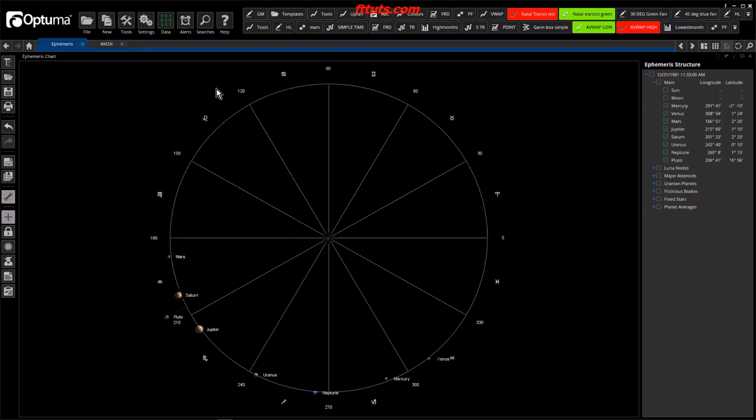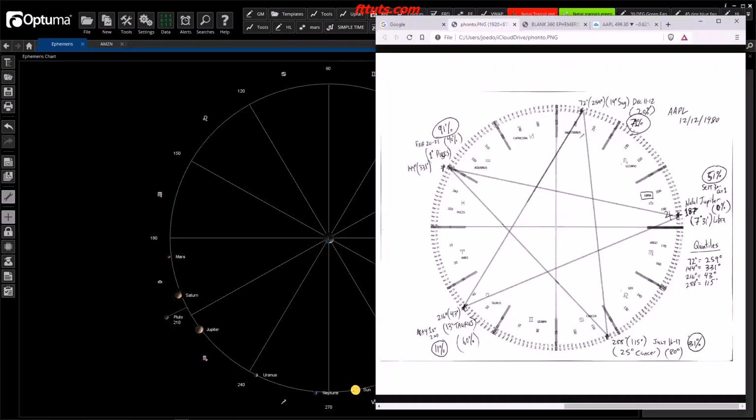Yes, we may need to do other forms of astrology and read a natal chart. We could put a separate ring on the inside and set a natal date. But what you're seeing me do right here is exactly what I'm going to do by hand on this ephemeris here. So let's pull up that ephemeris.